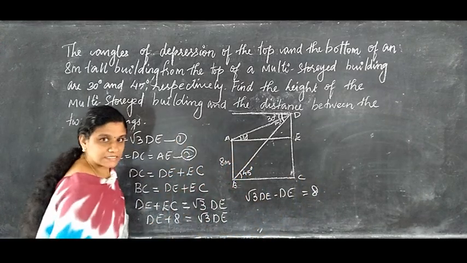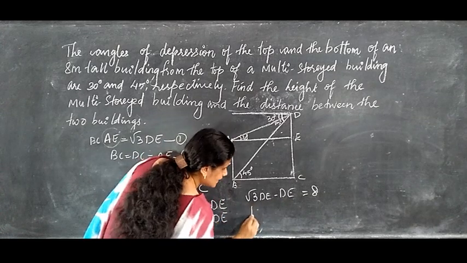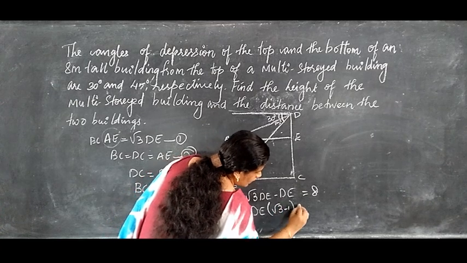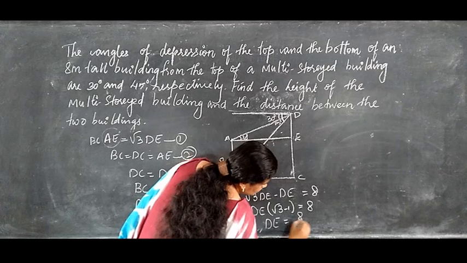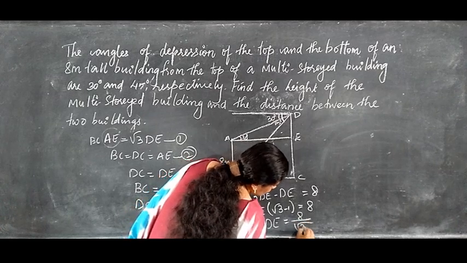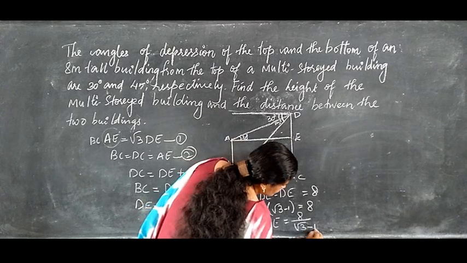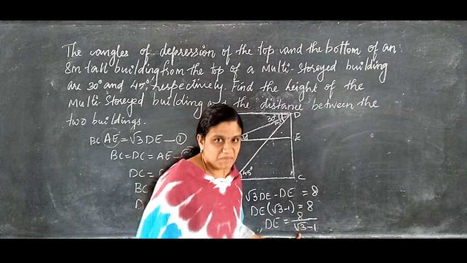DE is common here, so we can take that outside. DE into root 3 minus 1 is equal to 8, where DE is equal to 8 by root 3 minus 1.